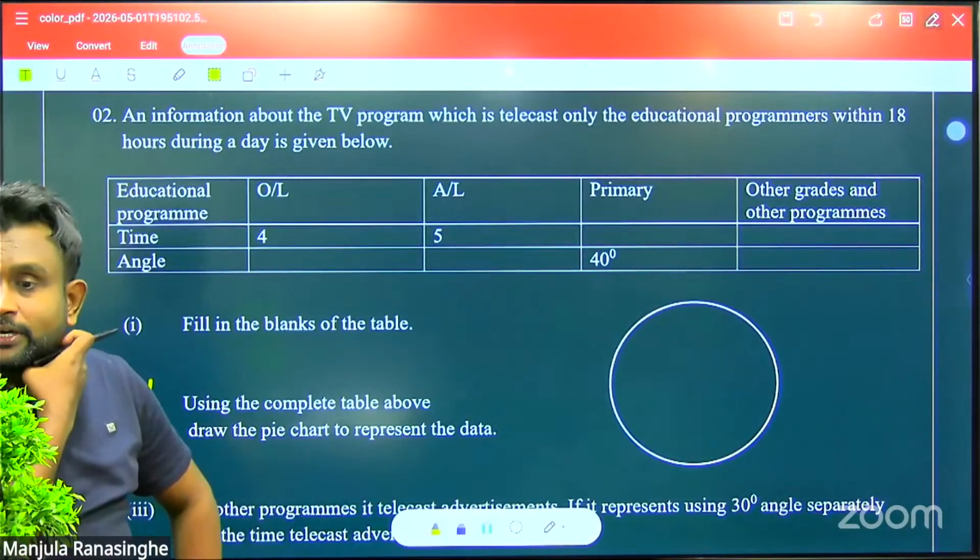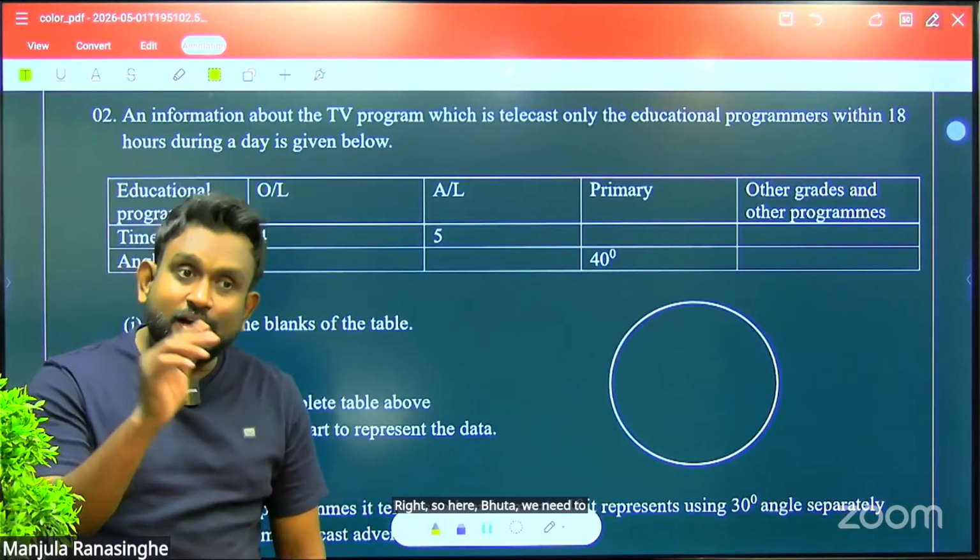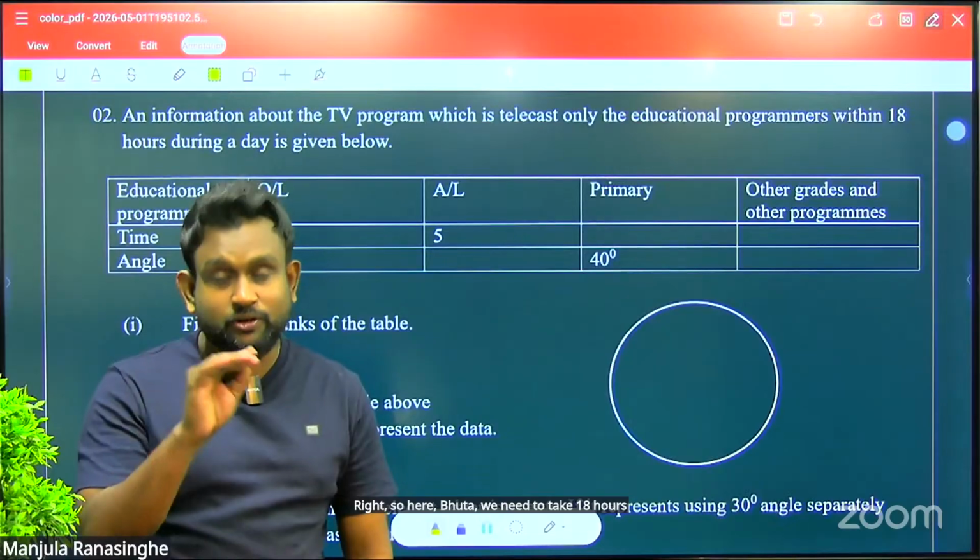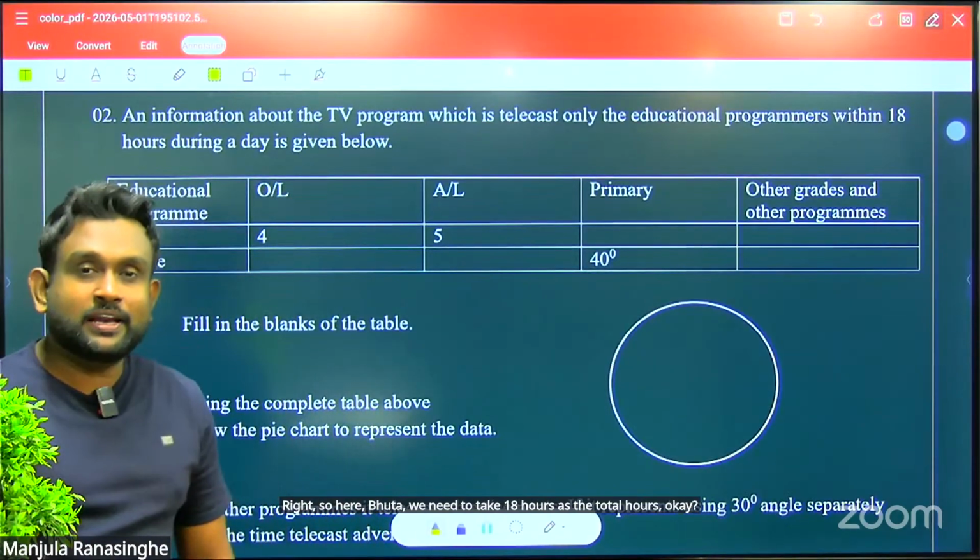Right. So here, we need to take 18 hours as the total hours. Okay, 18 hours as the total hours.